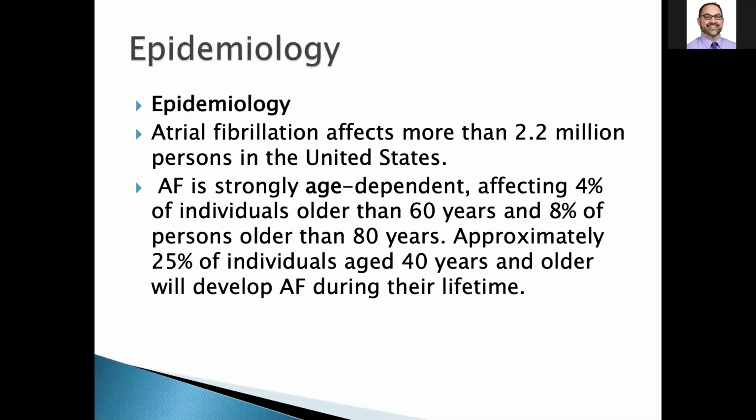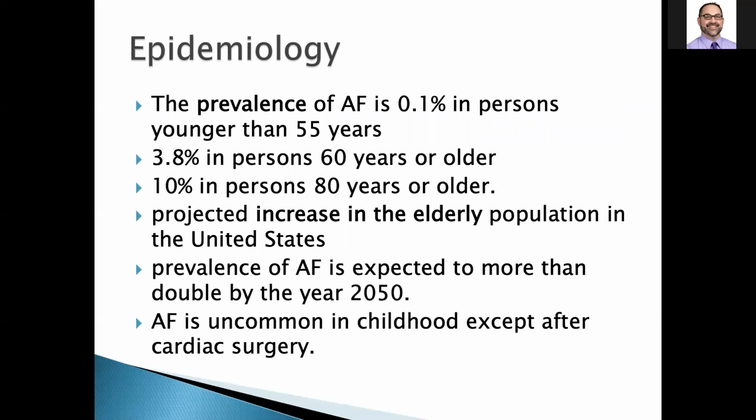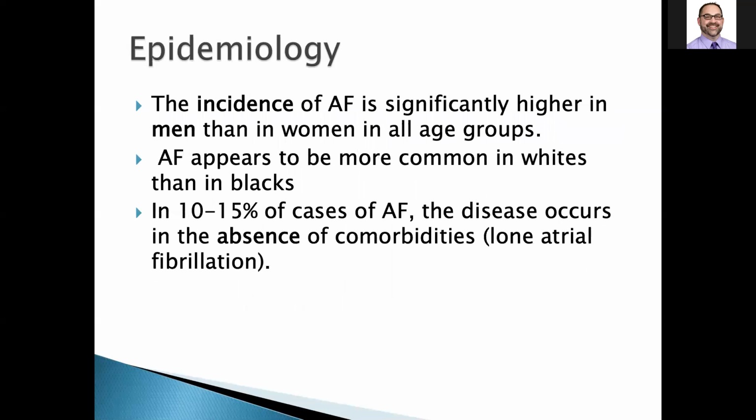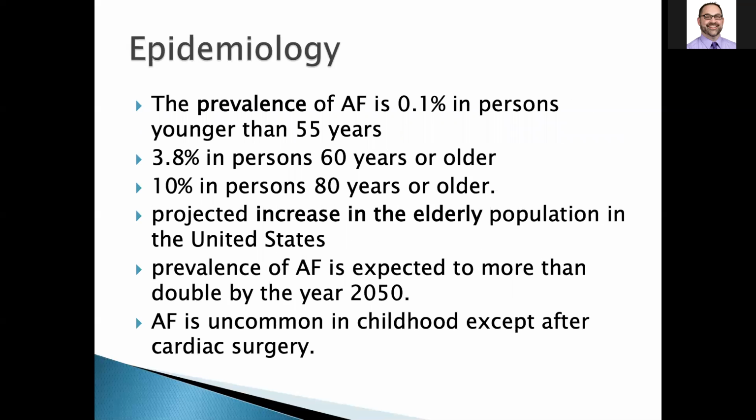These are some facts from an epidemiology standpoint. You don't need to memorize these epidemiology facts for testing purposes, just know that it affects a lot of people. It's worse when you get older. The prevalence, as you can see, goes up as you get older. Cardiac surgery is a risk factor.